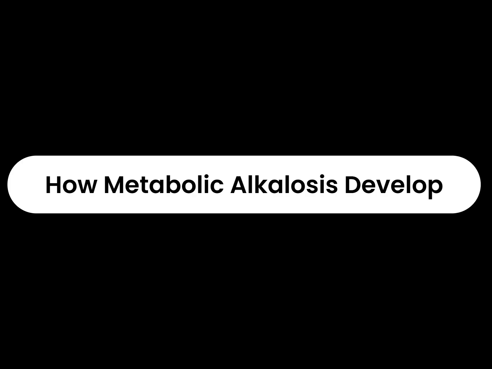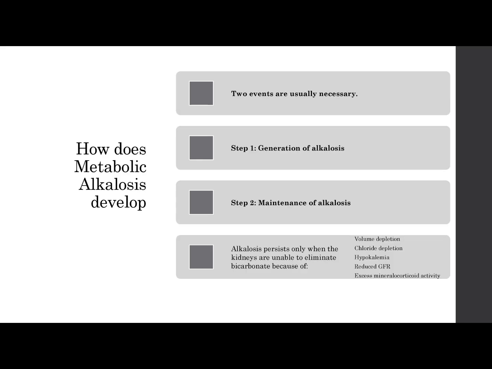How does metabolic alkalosis develop? For metabolic alkalosis to occur, two events are usually necessary. Step 1. Generation of alkalosis. This happens due to loss of hydrogen ions and gain of bicarbonate. Step 2. Maintenance of alkalosis.